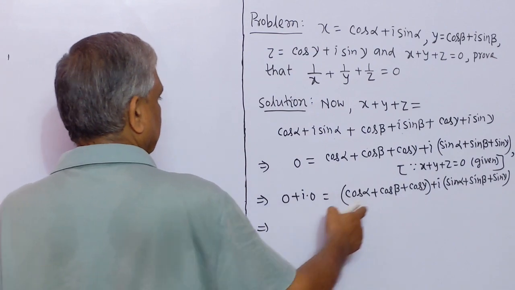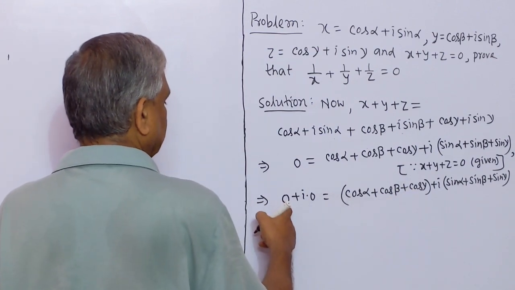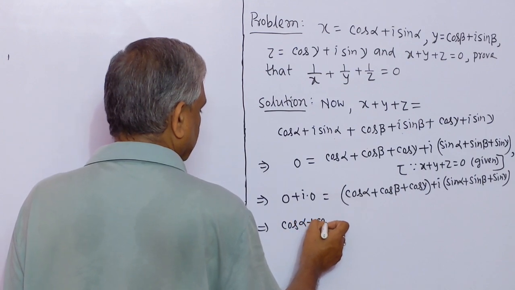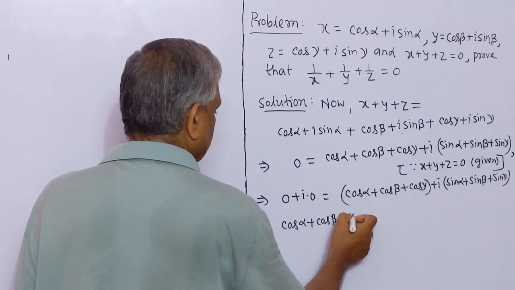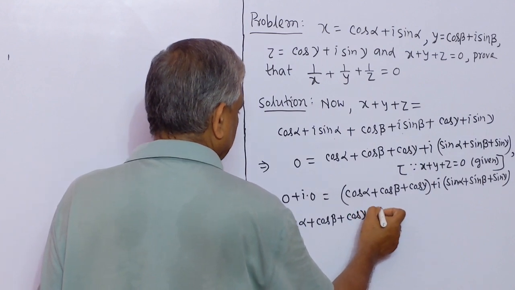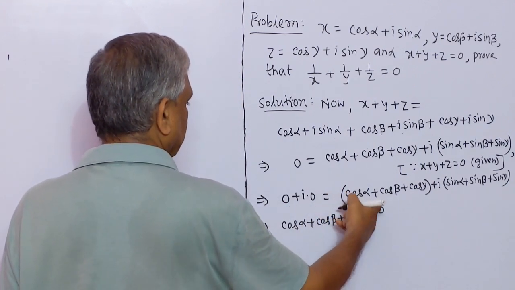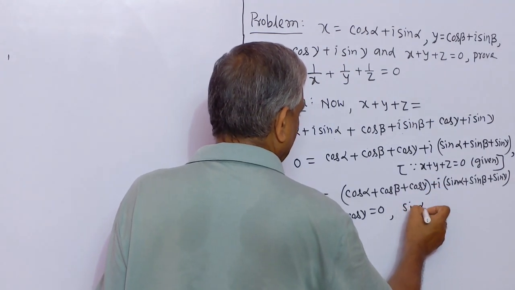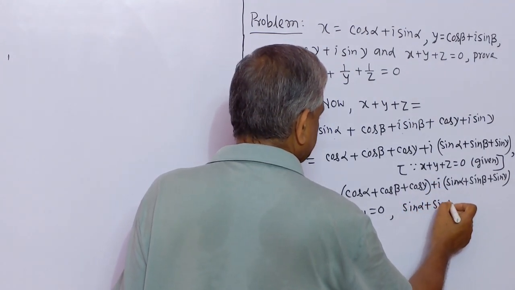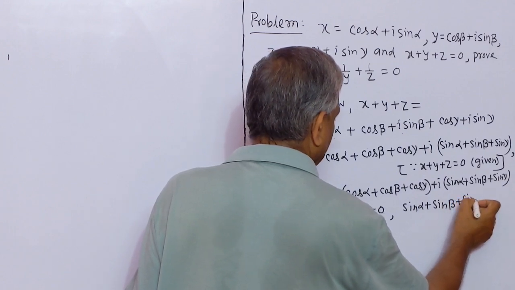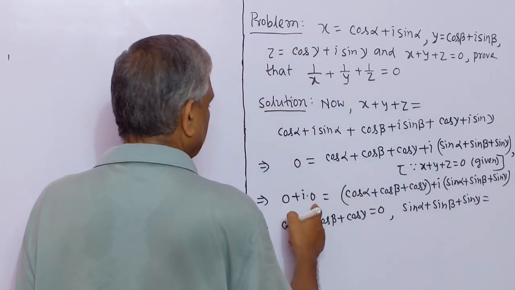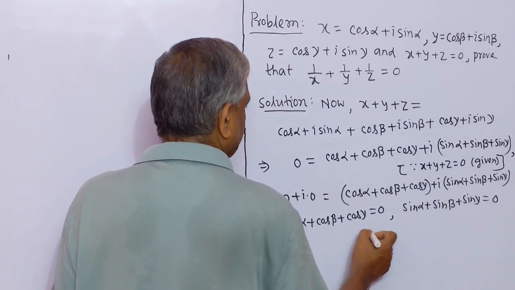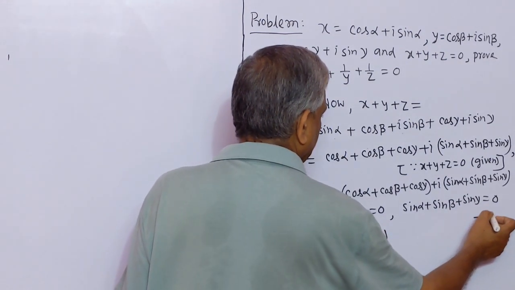This implies that, equating the real part, cos alpha plus cos beta plus cos gamma equal to 0, and the imaginary part, sin alpha plus sin beta plus sin gamma, is also 0. Let this be number 1, this be number 2.